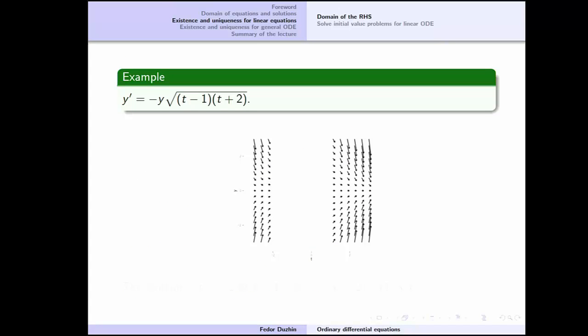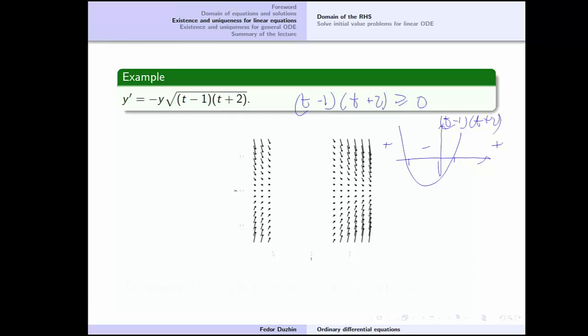Alright, a few examples. So here we have the square root of some expression. In order for it to make sense, t minus 1 times t plus 2 must be non-negative. So roughly speaking, if we try to plot t minus 1 times t plus 2, then it is positive here, negative here, positive here, so it looks like a parabola.